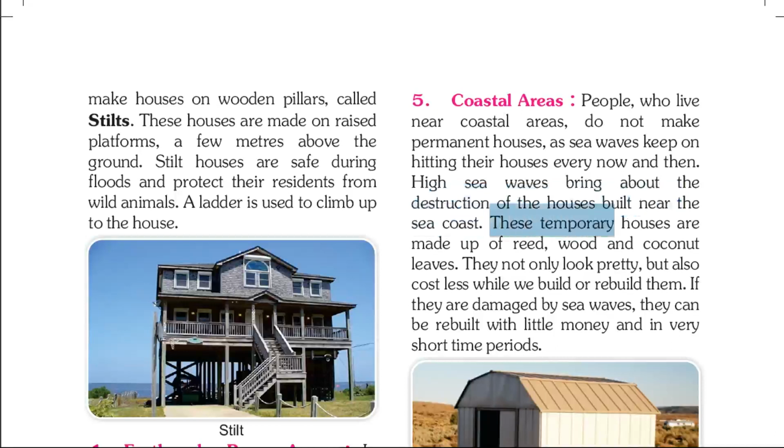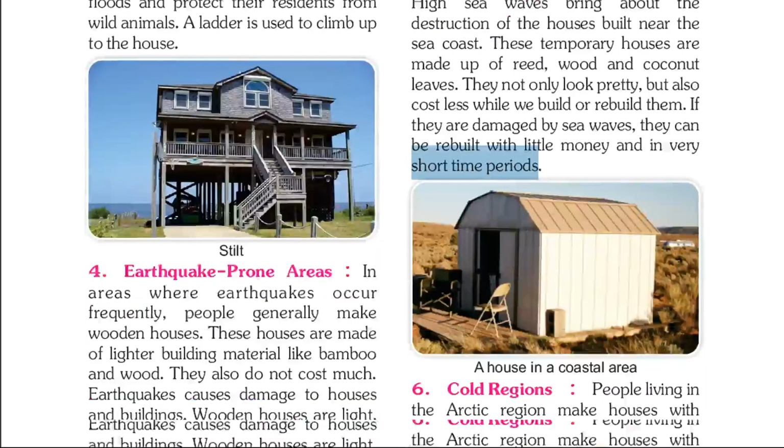These temporary houses are made up of reed, wood and coconut leaves. They not only look pretty but also cost less while we build or rebuild them. If they are damaged by sea waves, they can be rebuilt with little money and in very short time periods.